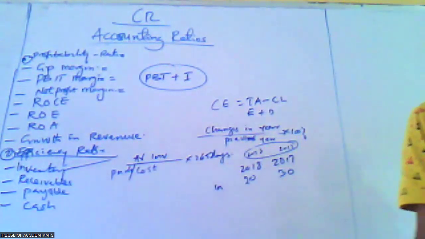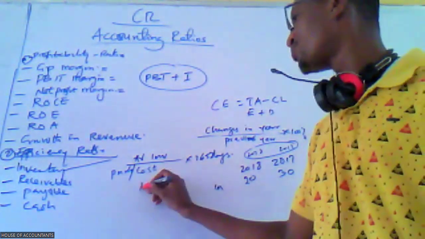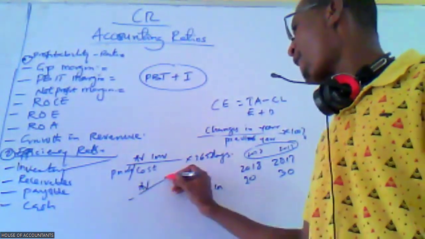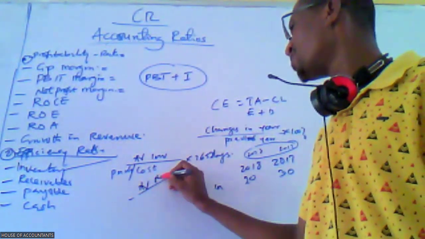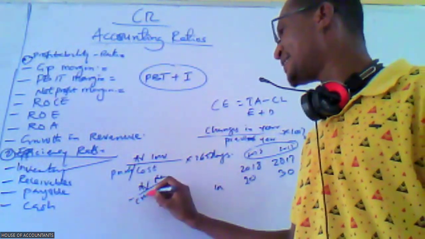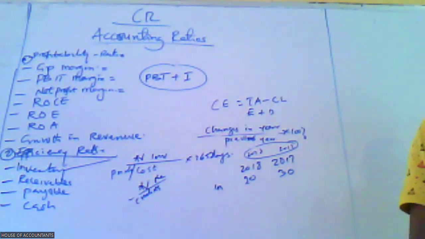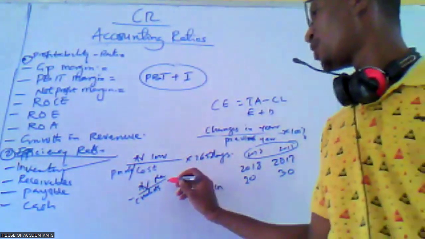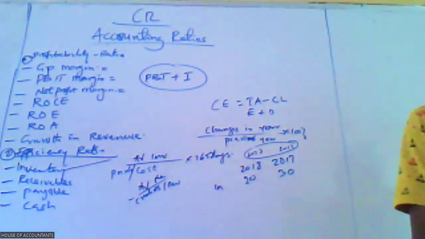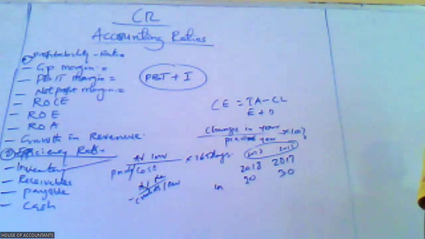It is the same thing for receivables. Receivable is average receivables over credit sales. Credit sales is the main formula. But when there is no credit sales, you will use revenue, multiplied by 365 days, because we are talking about period.